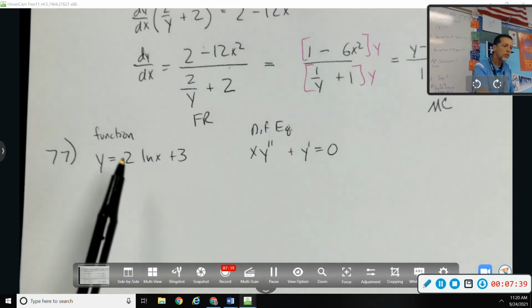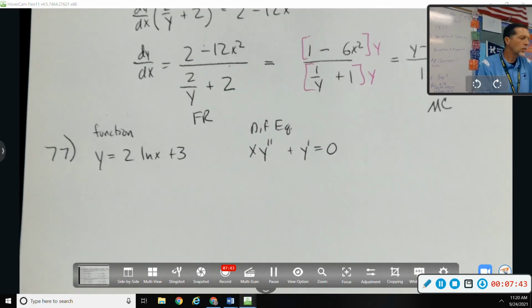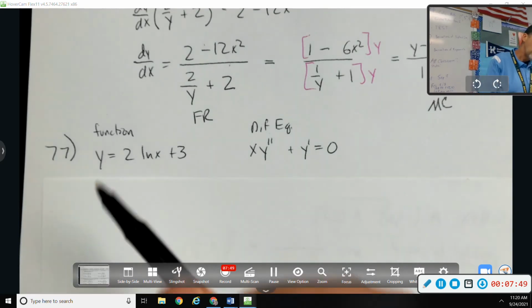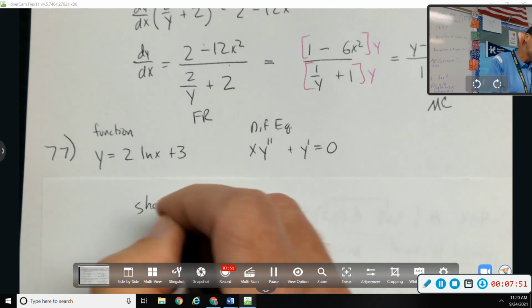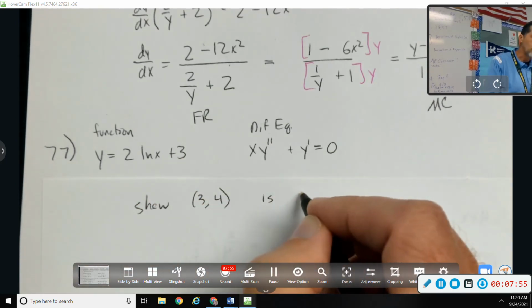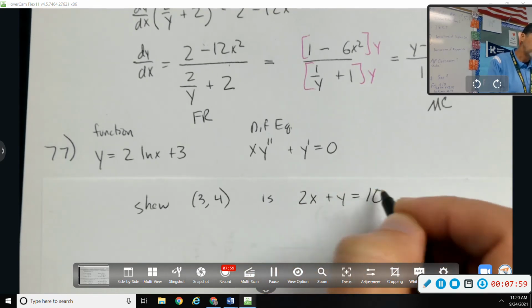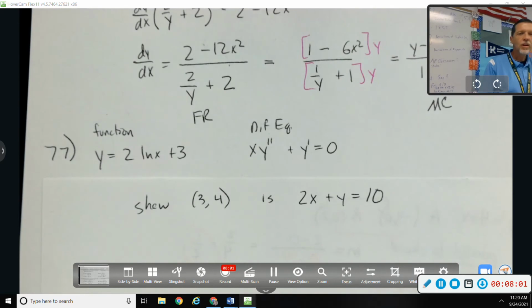So, show that this is a solution to this. We've not done one like this. What we have done is something like show that (3, 4) is a solution to 2x plus y equals 10. What would you do to show that this is a solution to that?